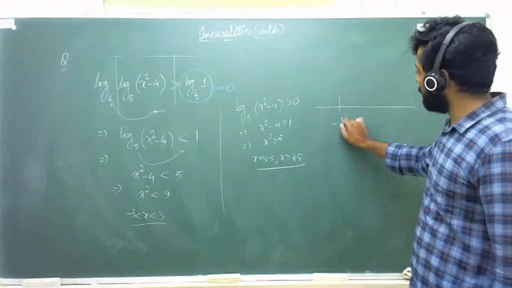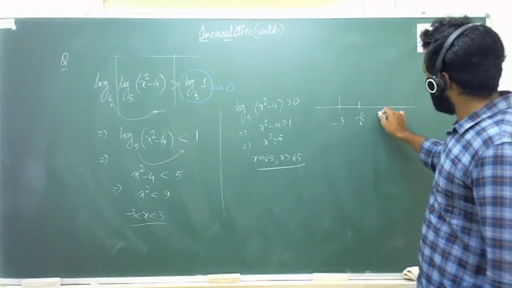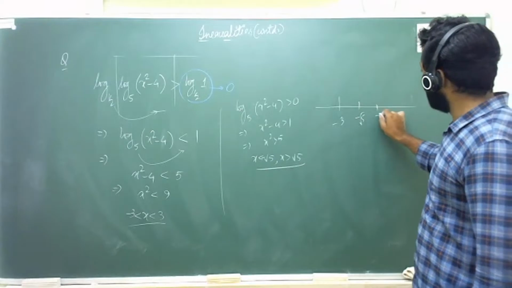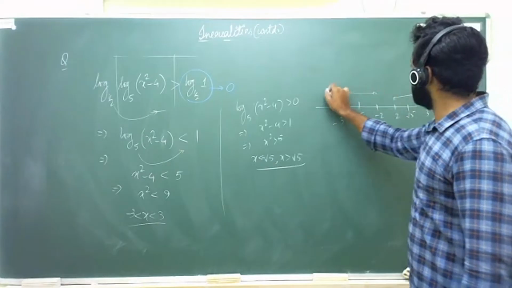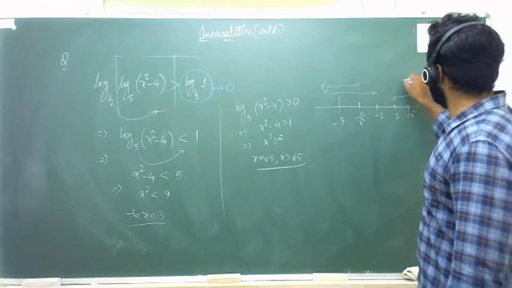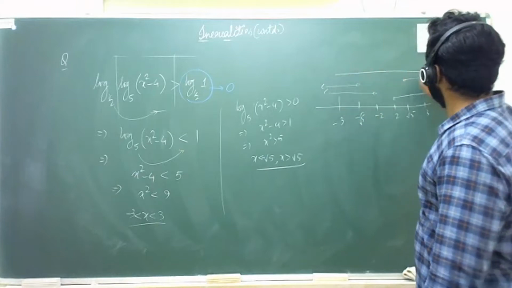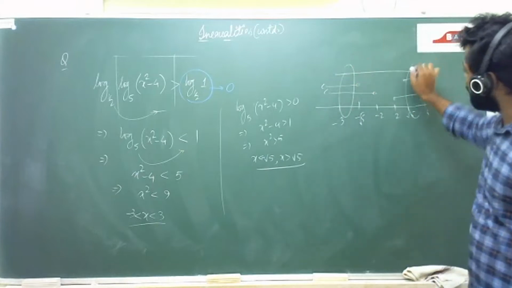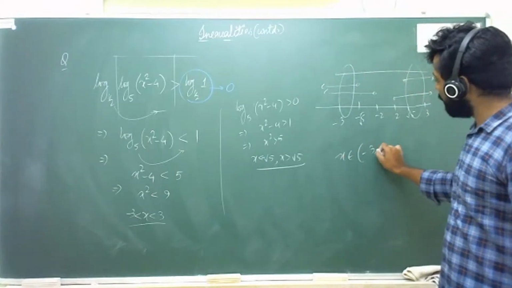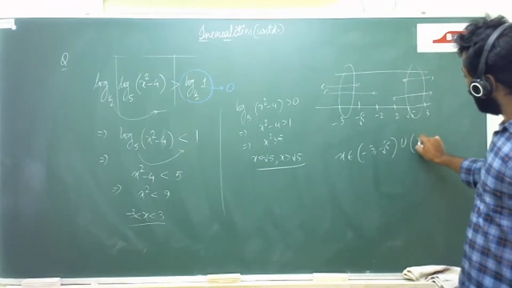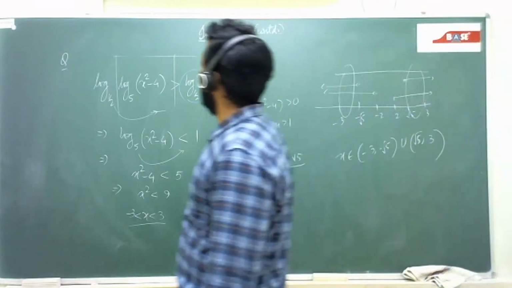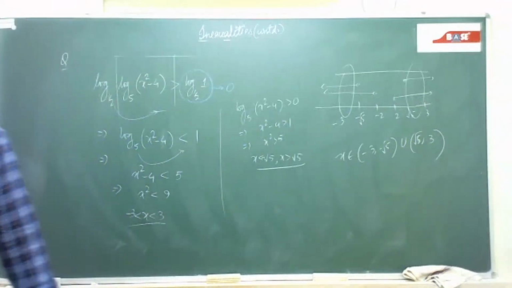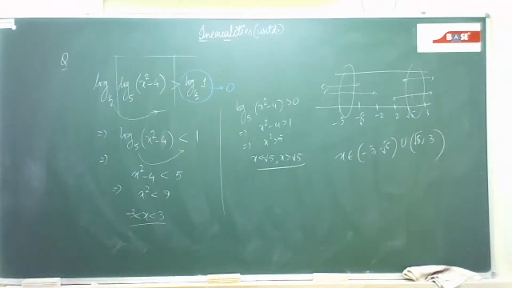If we combine all of them, the ultimate common region is this. So the final region is minus 3 to minus root 5, and root 5 to 3. All is open, I think. All is open. So that's what we got. We need to take care of the logarithm. Inside the logarithm has to be valid also.